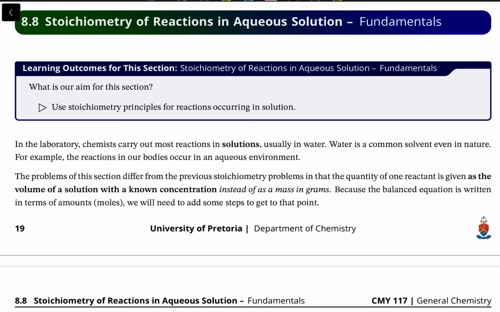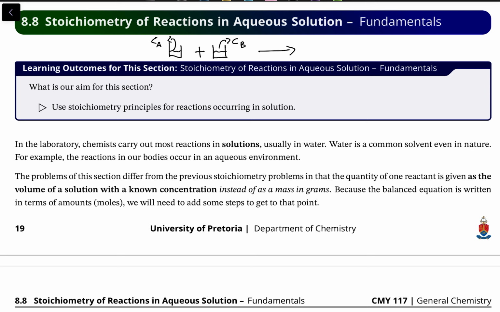In fact, most reactions that take place in nature take place in solution, meaning that in general, you will have however many reagents in solution, and they each have their own concentrations, right? So a concentration A and a concentration B, and those react to give you some products.